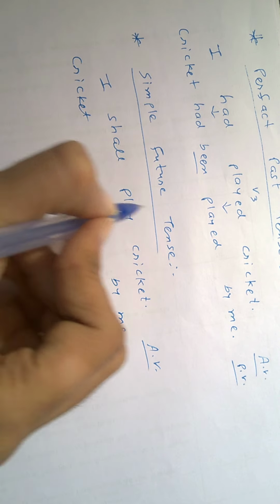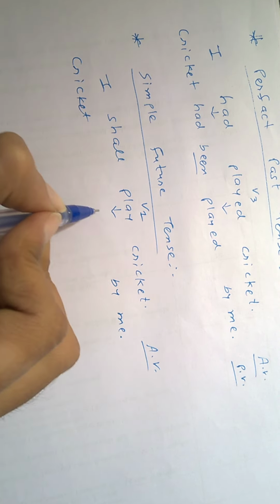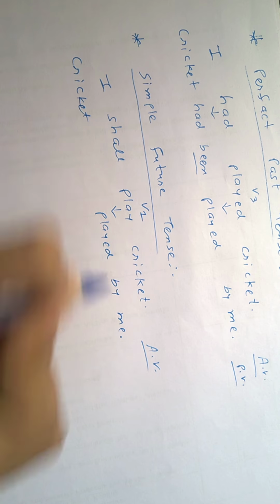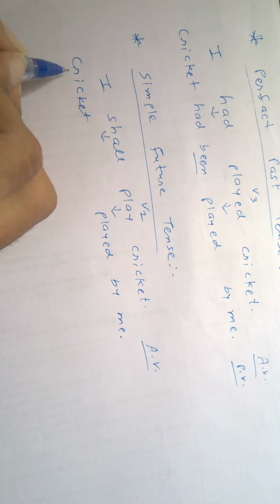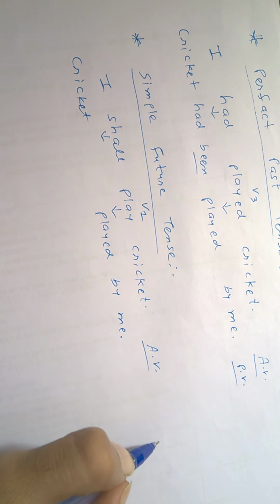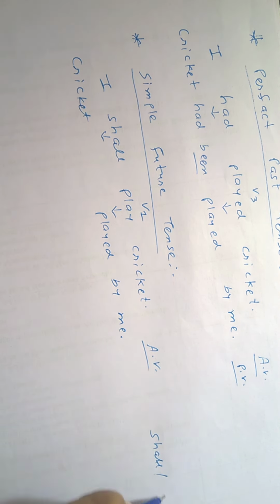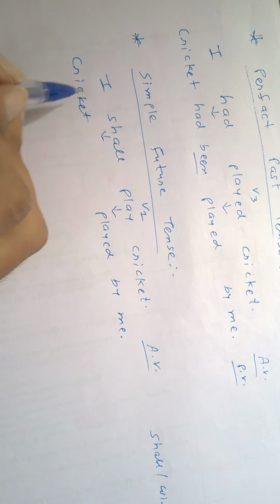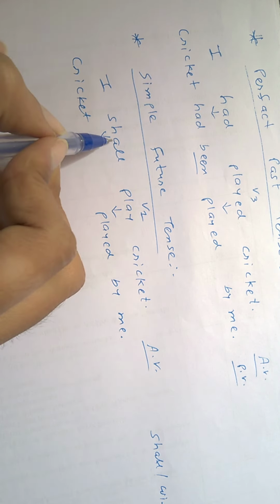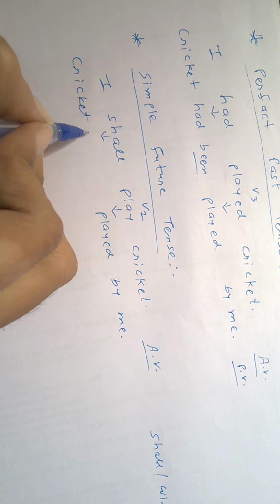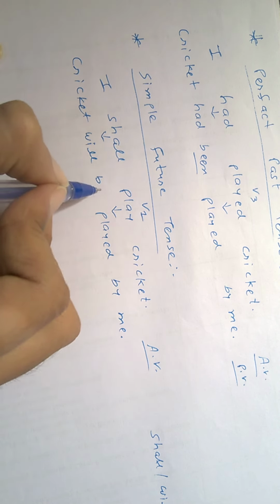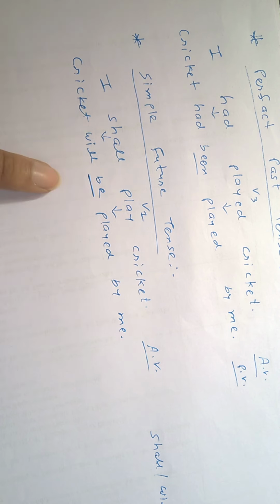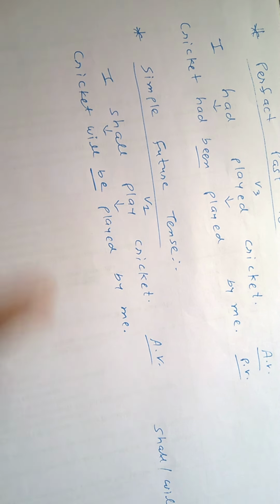Now we will convert the verb form, that is here V1 into V3. Now we will put the to be. So we know with cricket we have to use either shall or will, but with I we are using shall, but with cricket we will use will. And the last thing that we have to put here is be in passive voice. So this is passive voice of simple future tense.